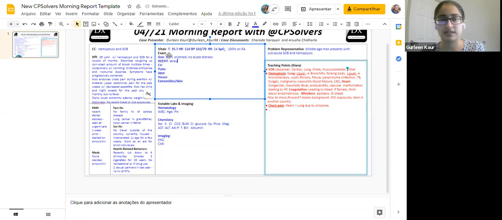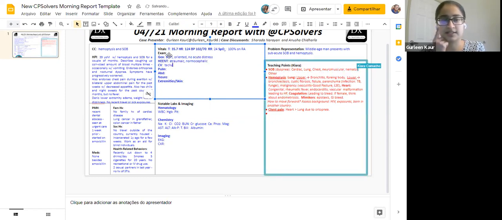No focal deficits on neurologic exam, and he has no lower extremity edema and no other skin changes. I can move on after we're done writing the physical exam to some of the basic labs.